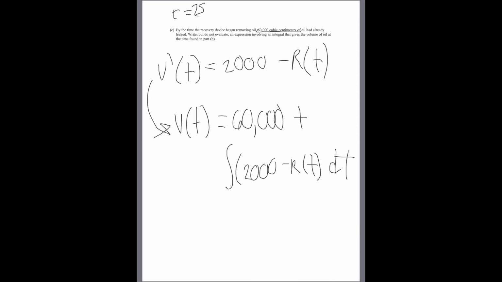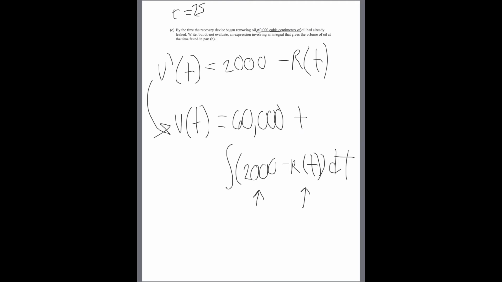So basically it's saying find the amount of oil that is present at part B, at time equal to 25. And we know that by adding the 60,000 and then accounting for the rate in and the rate out this time, we'll find the total amount at t is equal to 25.